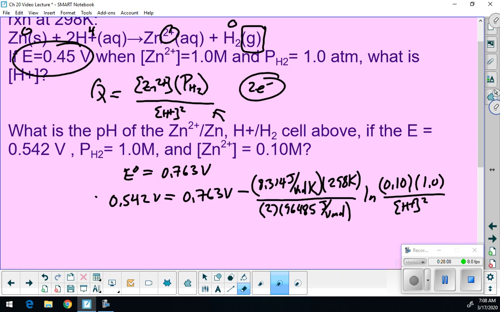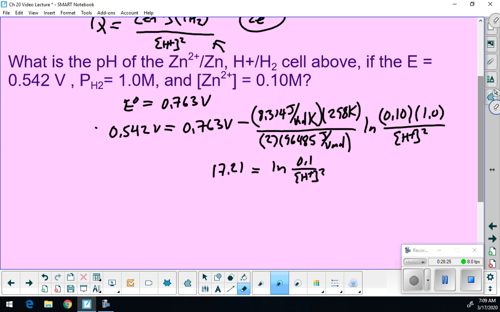And what I get is 17.21 is equal to the natural log of 0.1 over H plus squared. So let's put in the magic E. E to the 17.21 is equal to 0.1 over my H plus squared.